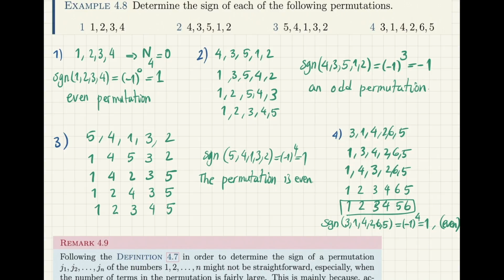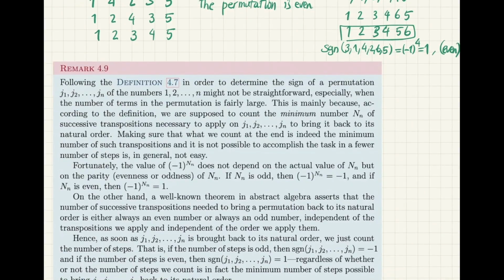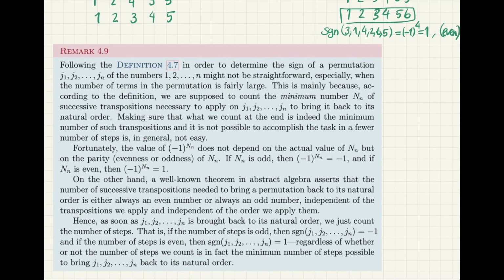The second answer is that as far as only the sign of the permutation is concerned, we don't need to be worried about whether what we count is indeed the minimum number of transpositions needed, thanks to a theorem in abstract algebra. Let me just describe the content; you can read it yourself afterwards.